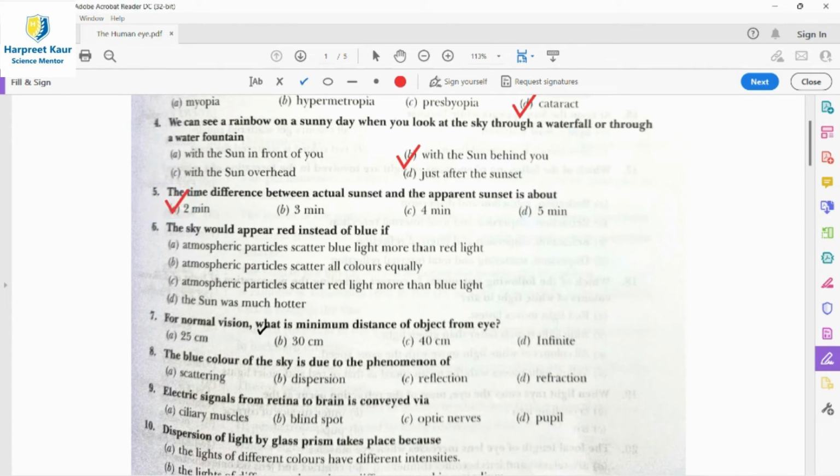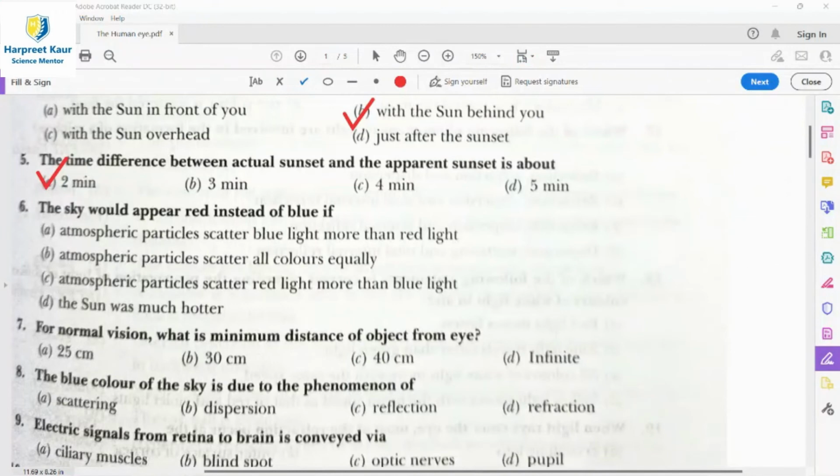Then question 6, the sky would appear red instead of blue if. So first of all we see why the sky appears blue. The sunlight, we know, is made up of 7 colored lights mixed together, and when the sunlight passes through the atmosphere, most of the longer wavelength lights, that is colors like red, orange, yellow, do not get scattered much by the air molecules, and hence they pass straight through.